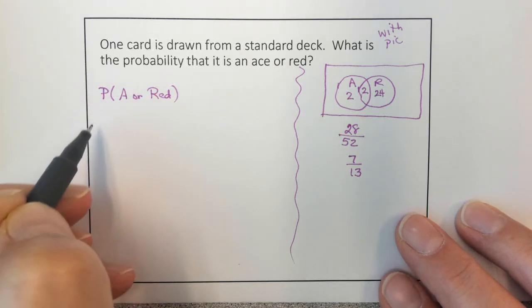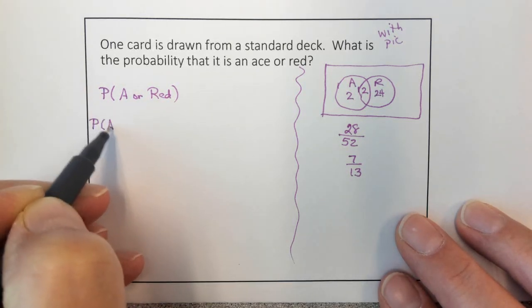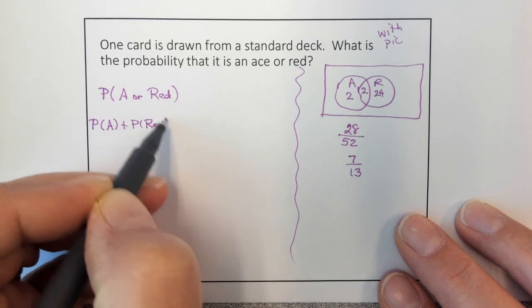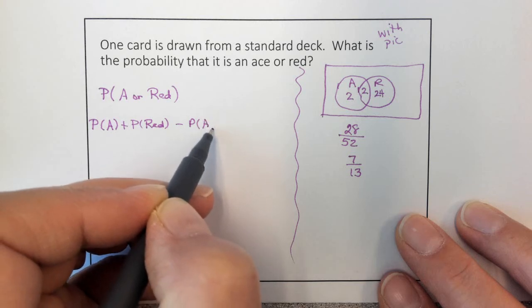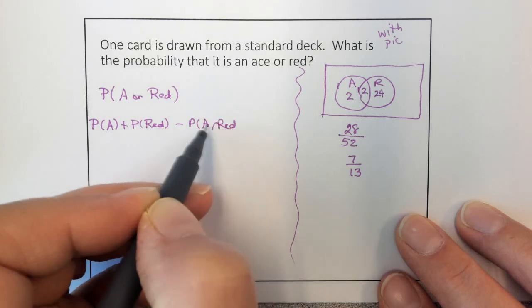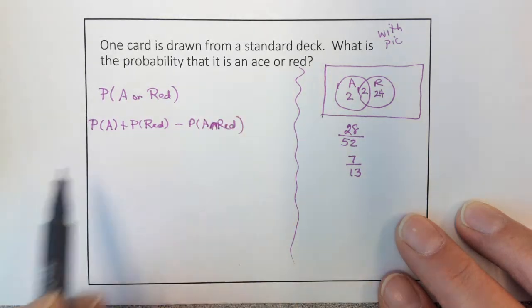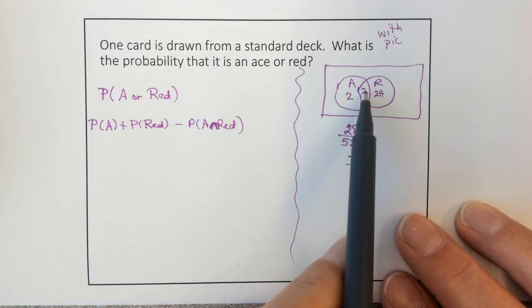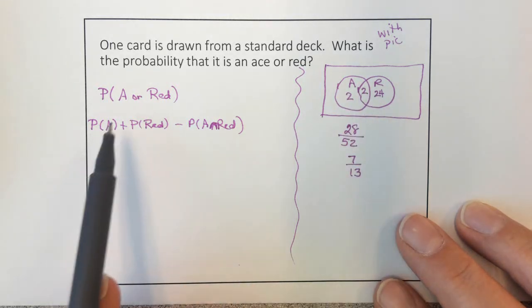If you use the formula, you've got to find the probability of an ace plus the probability of a red, and subtract the probability of an ace and red, or the intersection of ace and red. Because ace and red overlap, and these 2 are included in both circles, we would count them twice.